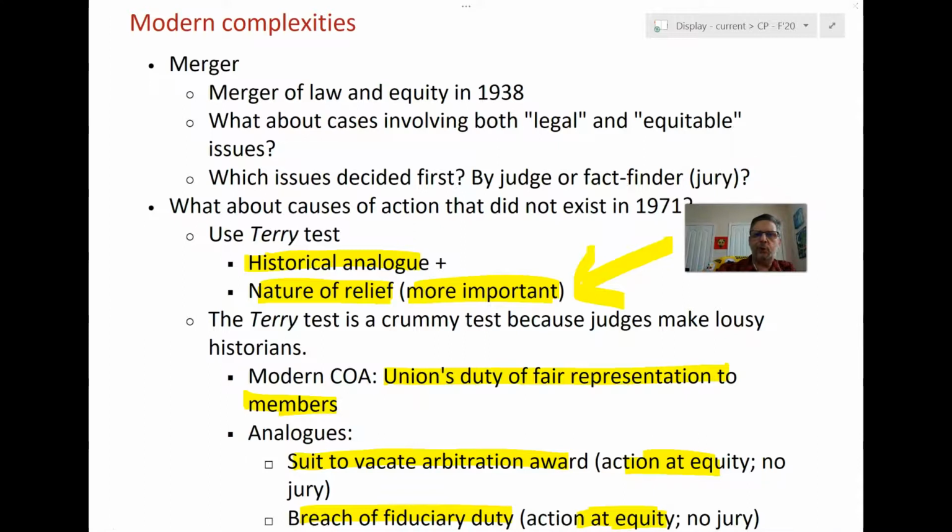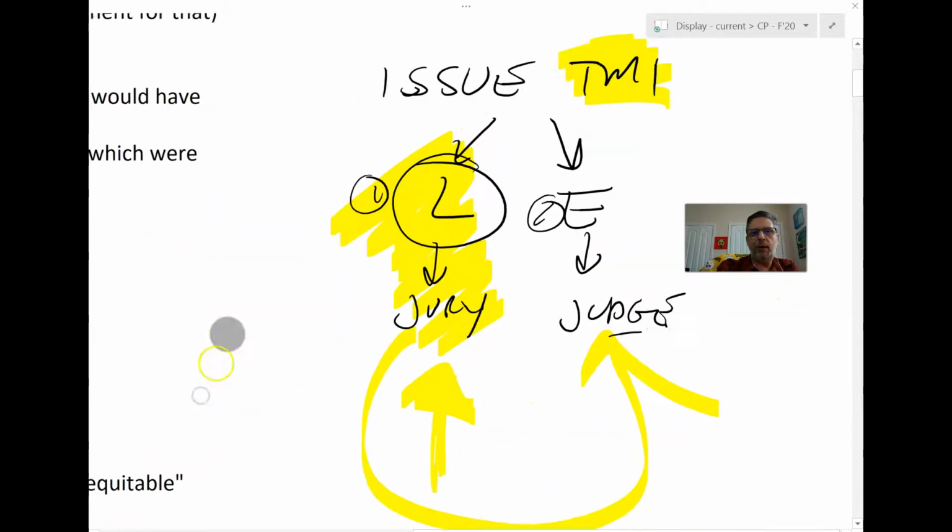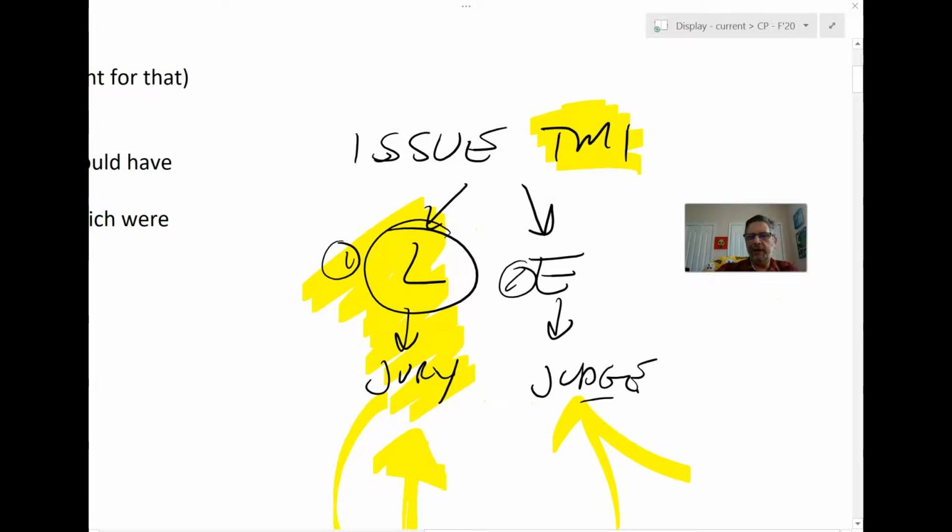Also remember that because of merger of law and equity, a judge can hear lawsuits seeking both money and equitable relief. But what that means on trials on the merits is we typically give the jury the first crack at finding facts relevant to issues of law seeking money, and then let the judge decide any other issues that hadn't been decided by the jury. So I guess that means normally the judge is the cleanup hitter, to use a baseball analogy. The one who cleans up after the jury has decided issues.